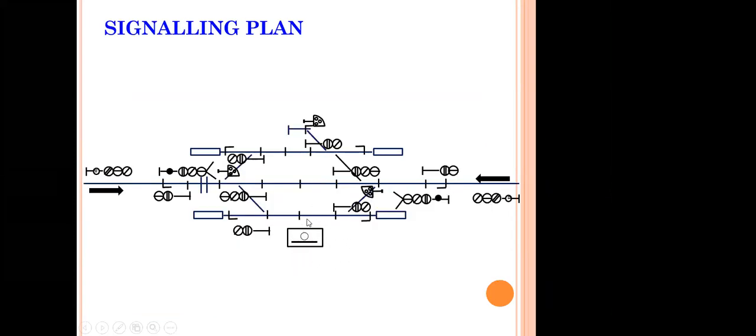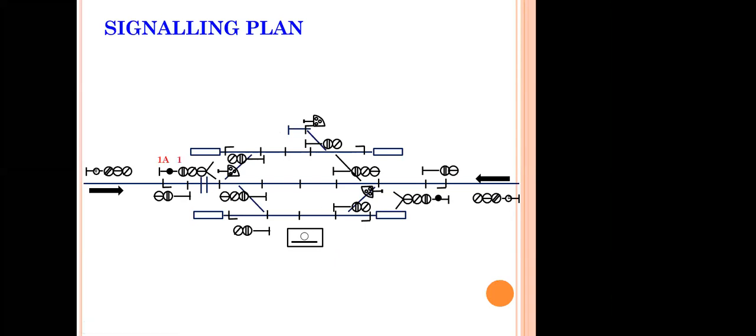In the signal interlocking plan, we make the station building more important: where the panel is placed, how the station master is looking at the panel. With reference to the station master, the numbers will be given. And assume this station building is placed elsewhere and the station master is looking at the panel; naturally, with his left-hand side I need to start the numbering. So the numbering of the functions depends upon where the station master is standing.